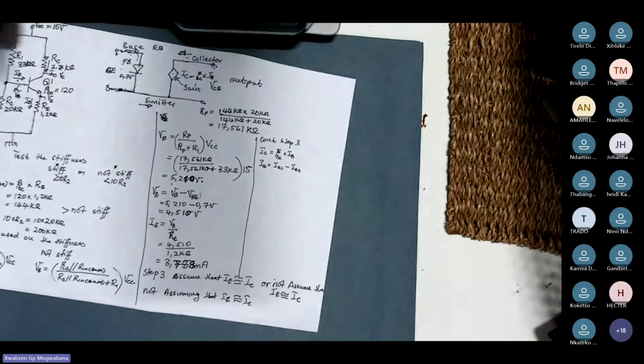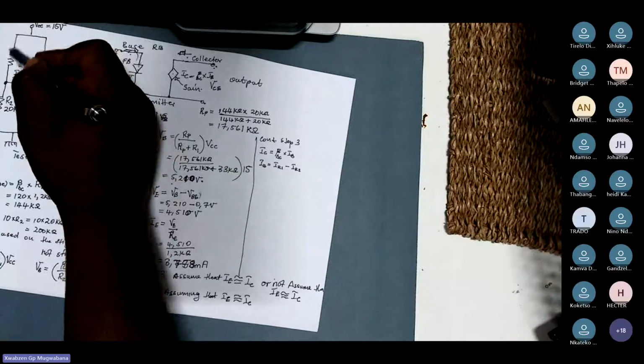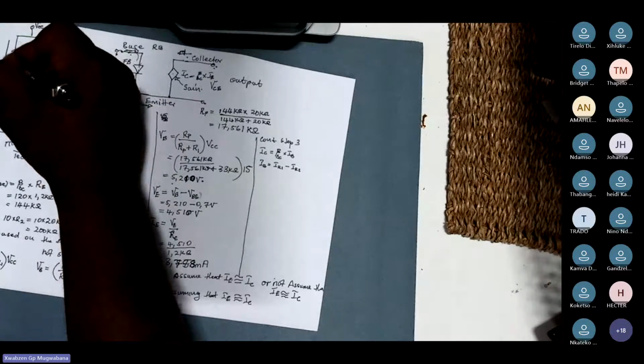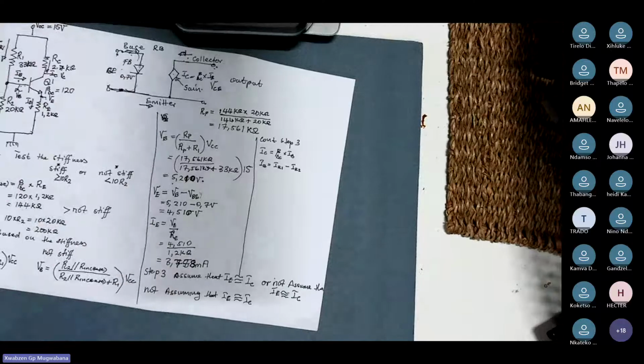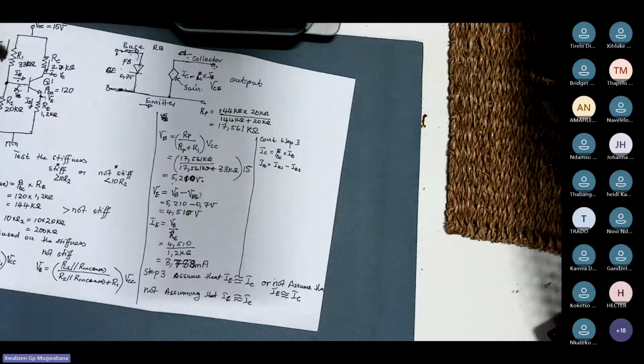The total current is generated by the supply, which is the current IR1.